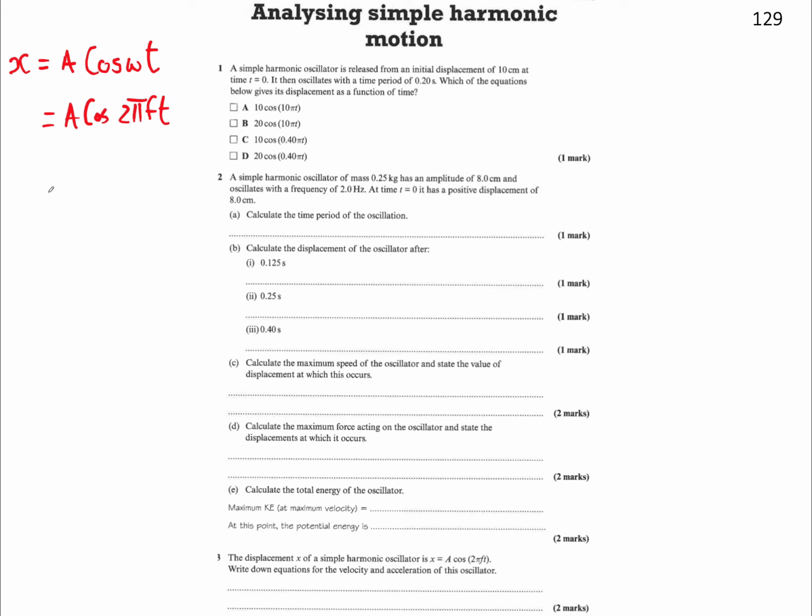What we do is we stick in the values that we know. The maximum amplitude is 8 centimeters. Cos 2 pi frequency, well, we know that's going to be 10 pi, and the time is 0.125.